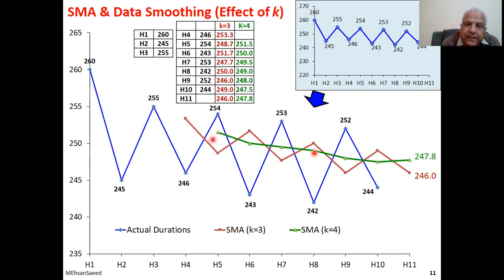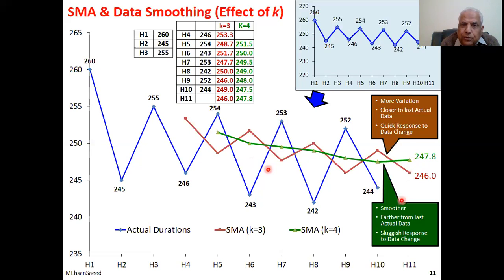K is equal to 4 gives you a forecast which is farther from the previous actual value. Or, smaller value of k gives you a forecast which is closer to the previous actual value. Here k is equal to 3 is closer to 253 than k is equal to 4 is.